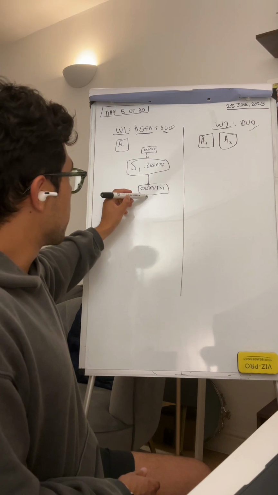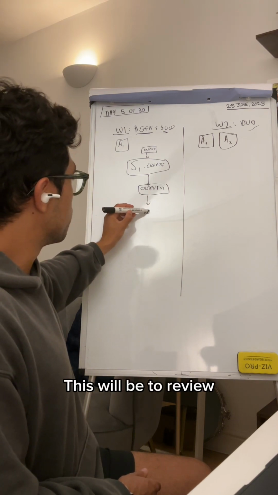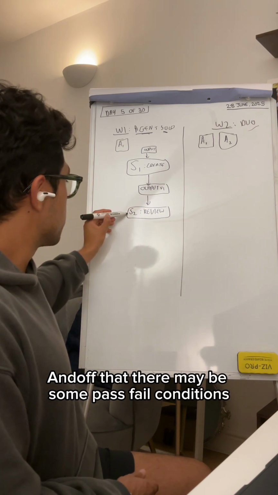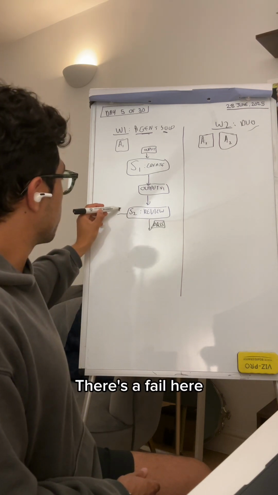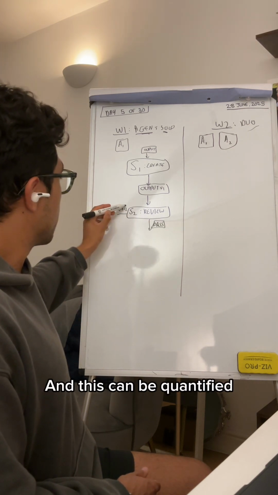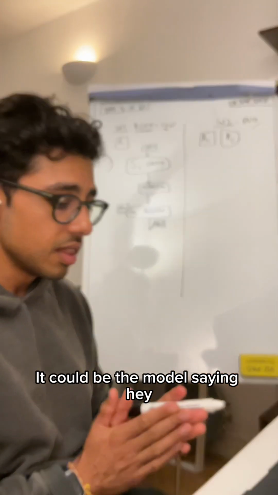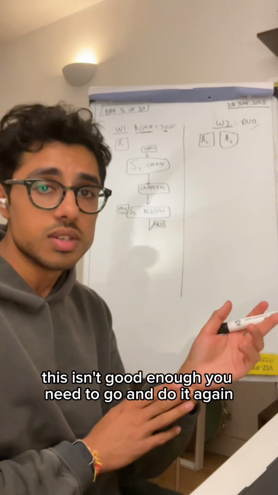And then we may have another step, so that'll be S2, and this will be to review. And off of that, there may be some pass-fail conditions. So we'll say that there's a pass here, there's a fail here. And this can be quantified in a bunch of different ways. It could be the model saying, hey, this isn't good enough, you need to go and do it again.